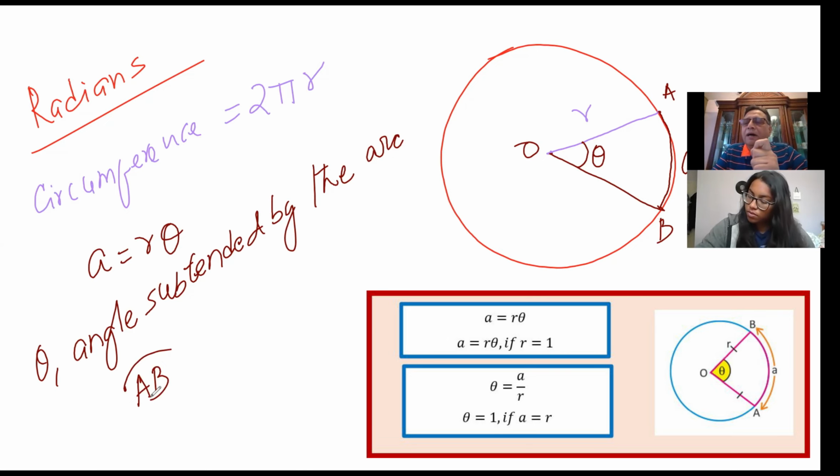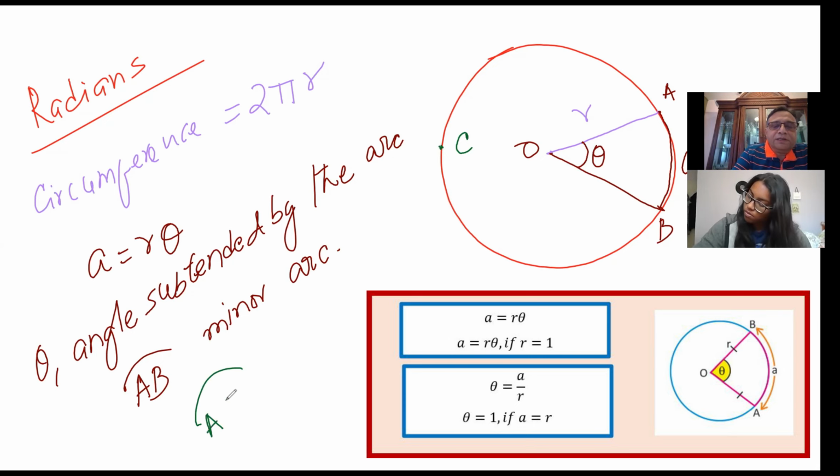Well, this is a minor arc, the smaller one. Since it is smaller than a semicircle, this is referred to as a minor arc. The other arc becomes the major arc. But to write down the major arc, we'll have to consider another point. Let us say the point is C. So in that case, arc ACB will be the major arc.